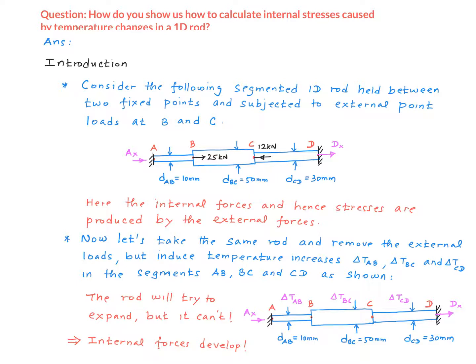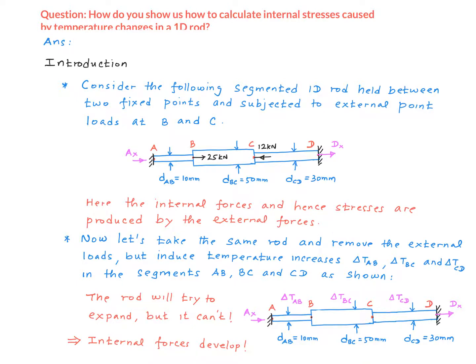But it can't, because we are holding it between two fixed points, A and D. So forces will develop at the supports, which in turn will lead to internal forces and internal stresses in the rod.